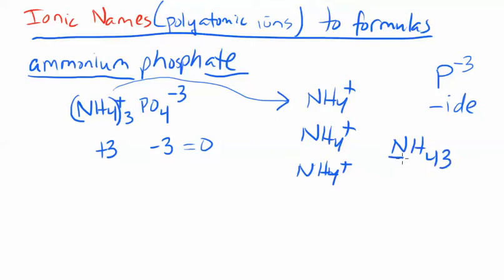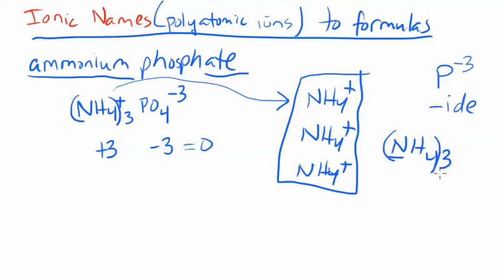So you'll have 1 nitrogen and you'll have 43 hydrogens, when what you really wanted was this. Because if you don't put the parentheses, you change the formula for the polyatomic ion. You have to have parentheses around any polyatomic ion when you have more than one.